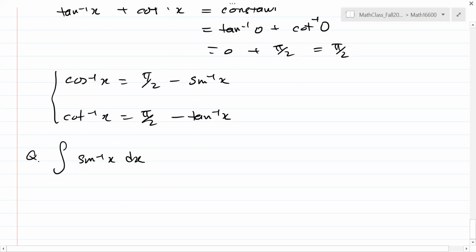What is that? Integral of arcsine. How can I do that?